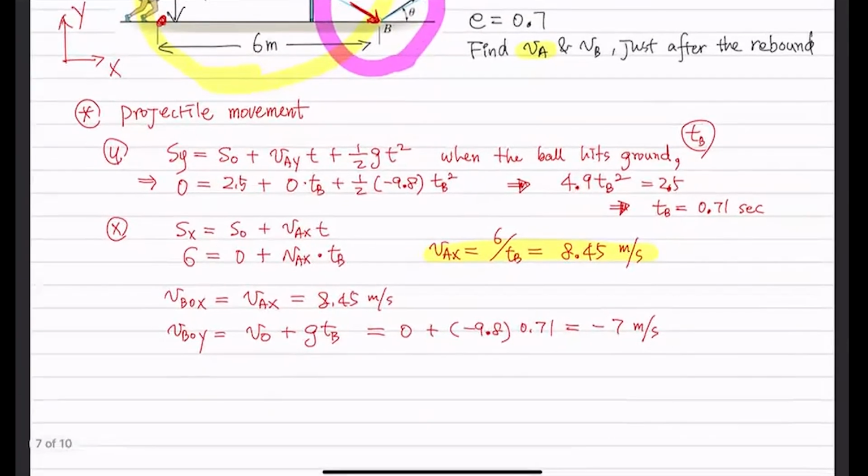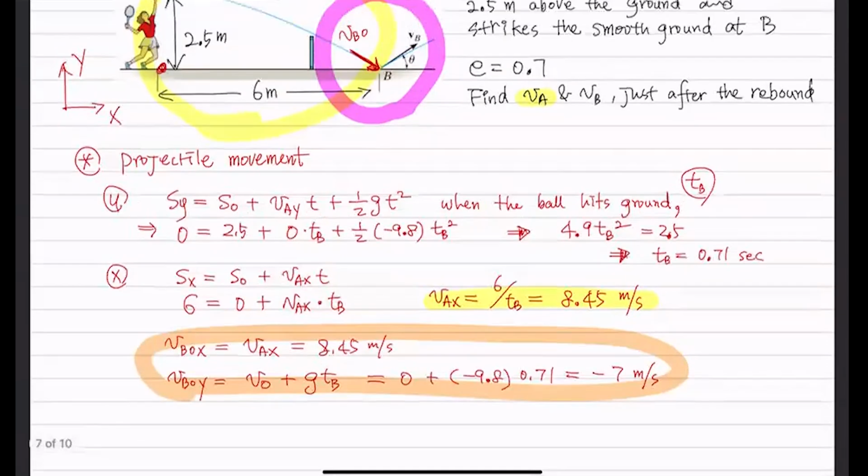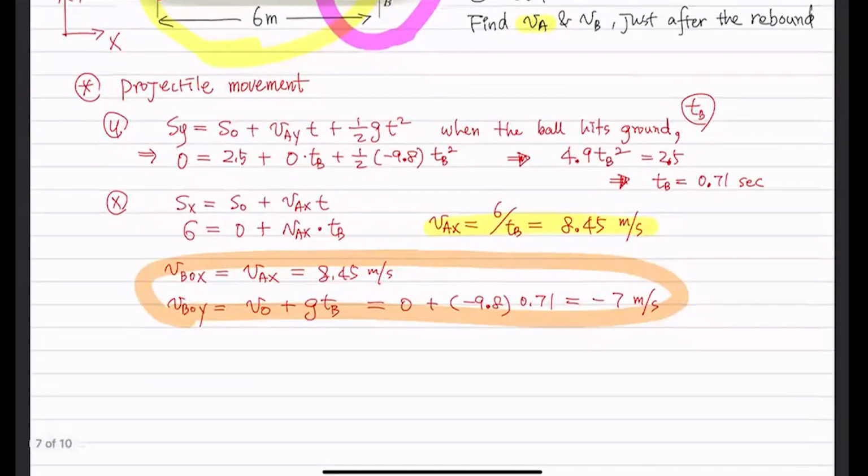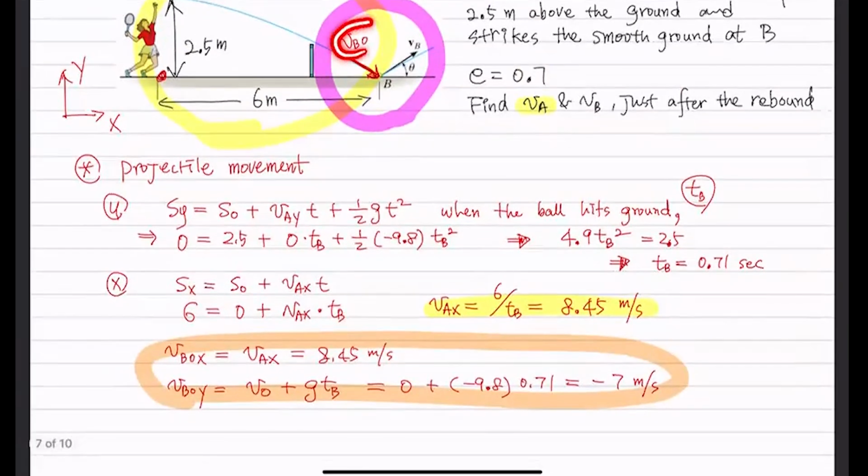Okay, so we got the velocity when it hits the ground. The horizontal component is going to be 8.45 meters per second, and the vertical component is going to be 7 meters per second. So that is the velocity when it hits the ground.